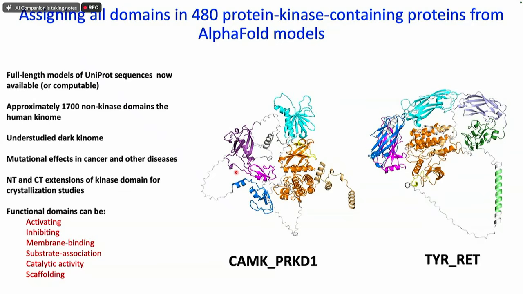I thought this was a blast. I thought this was lots of fun. Now, I'm not sure a lot of people would, but I spent 20 hours a week for 15 weeks looking at kinase structures, and I thought, well, this is really fun. But these extra domains might be activating, they might be inhibiting, they might bind substrates, they might locate the kinase in different parts of the cell.